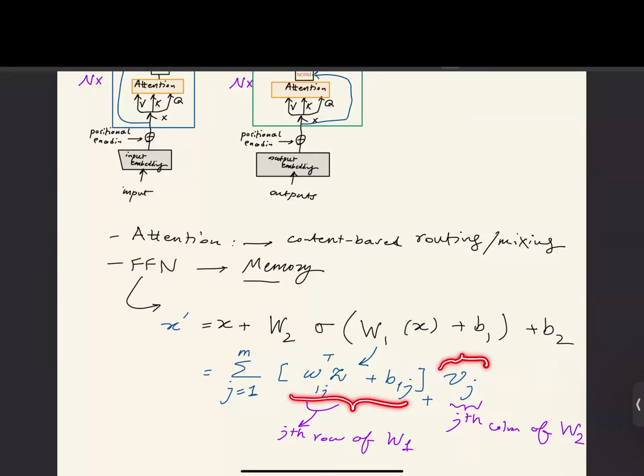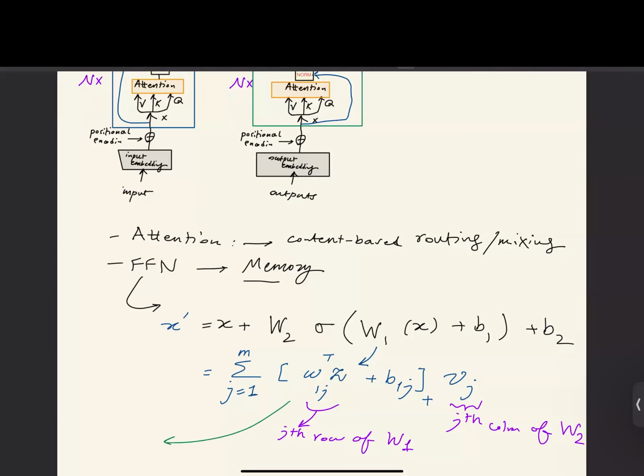Just like what we did previously with kernel regression. So you can think of a dense feed-forward neural network as a large bank of key and value pairs softly selected by an input context X. In other words, it's really like a mixture of experts, where an expert is invoked and its opinion will be sought. During training, these W1j's push to activate specific contextual patterns, and the Vj's, or the values, point toward directions that raise the correct next-token logits.